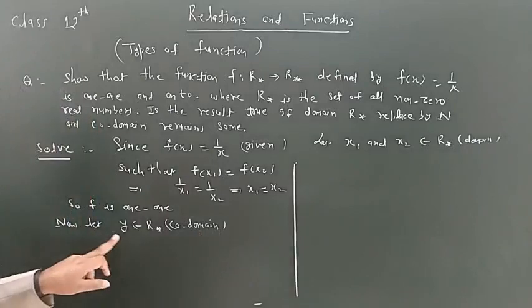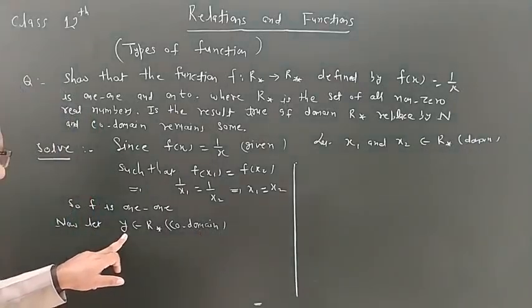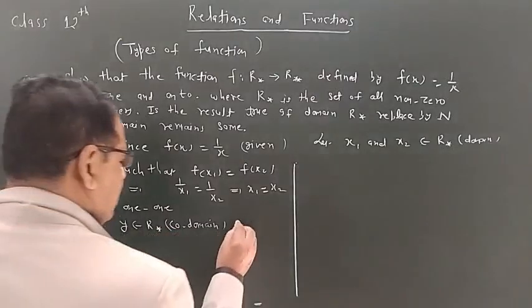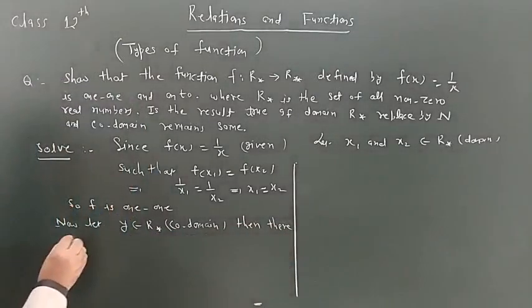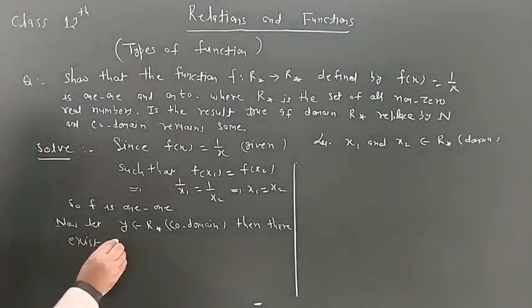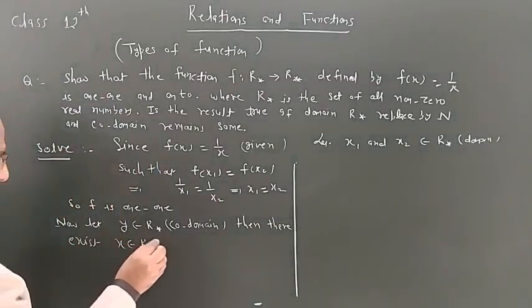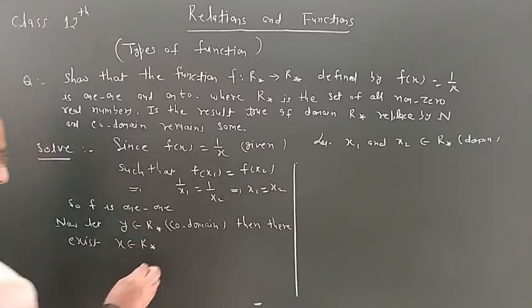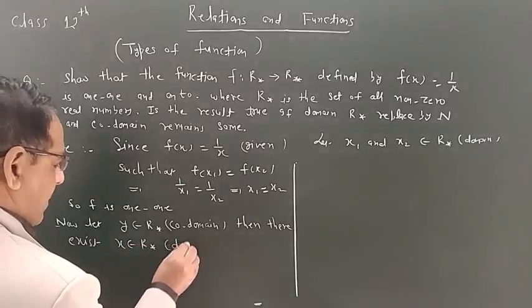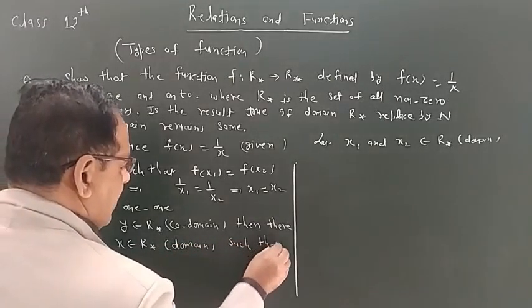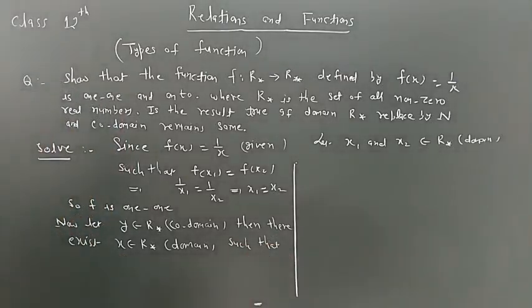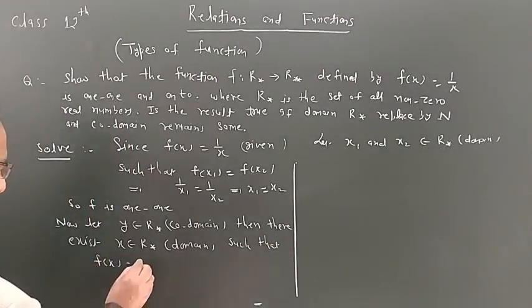So here we choose any arbitrary point of the codomain. Then there exists x belongs to R star, the domain, such that f(x) equal to y.